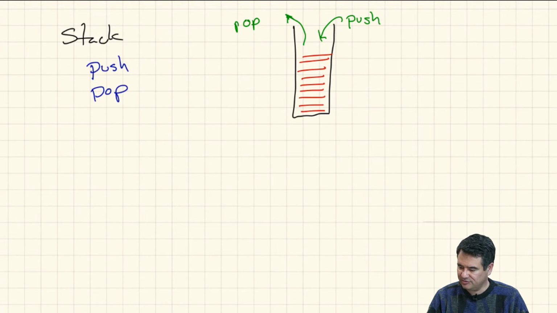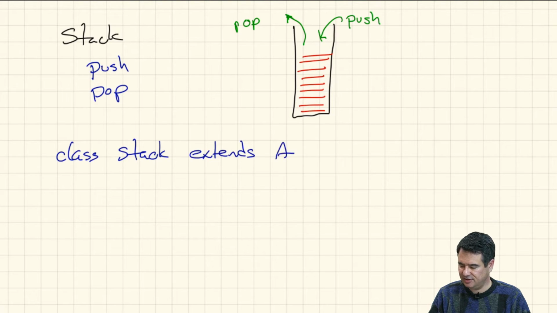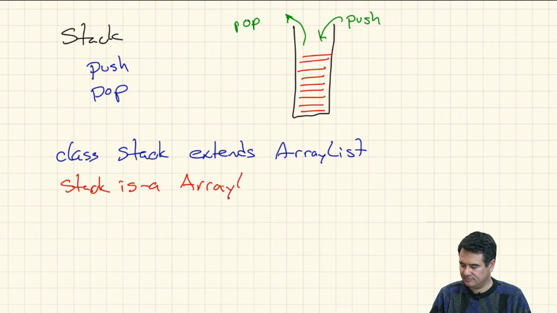And so the reason for this is the way we've defined it by saying class stack extends ArrayList: we just established what's called an is-a relationship. What we're saying is that a stack is an ArrayList. So anything that ArrayList can do, stack can also do, because stack is an ArrayList. And that's not really what we want to do here.